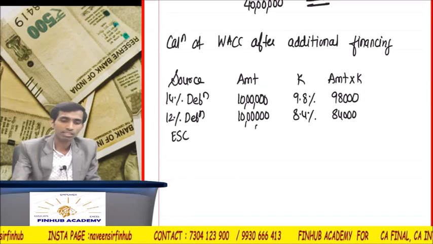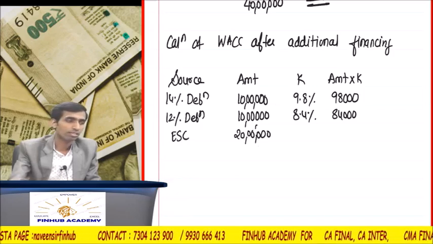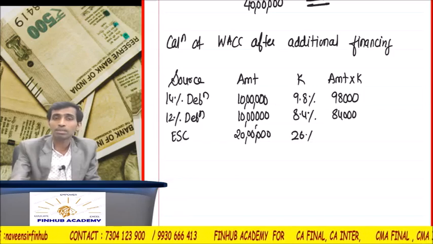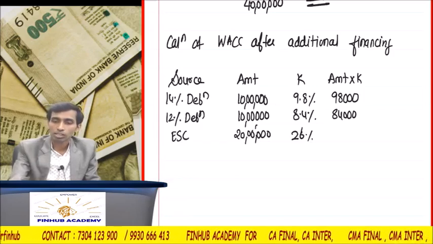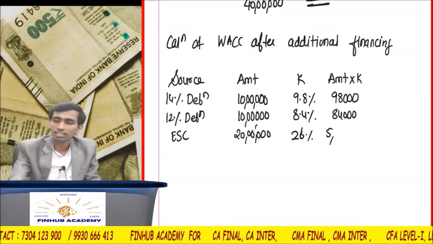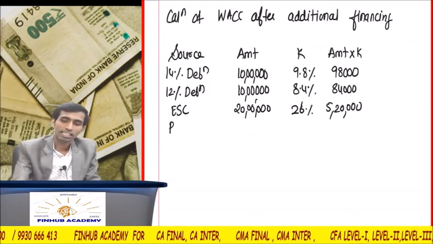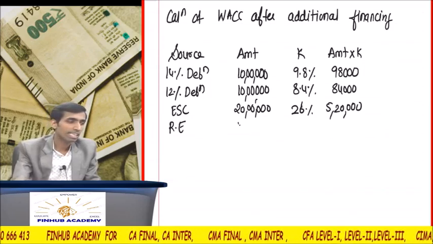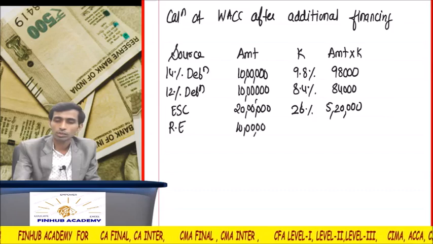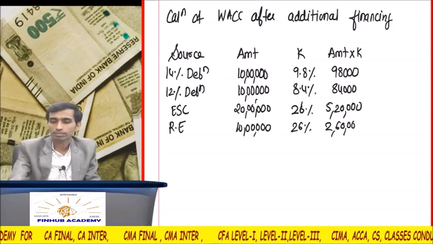Equity share capital 20 lakhs, 26%. Remember, this time it should be 26% because it is going to go up because of the debt. How much is it? 5 lakh 20,000. Retained earnings 10 lakhs, 26%, 2 lakh 60,000.